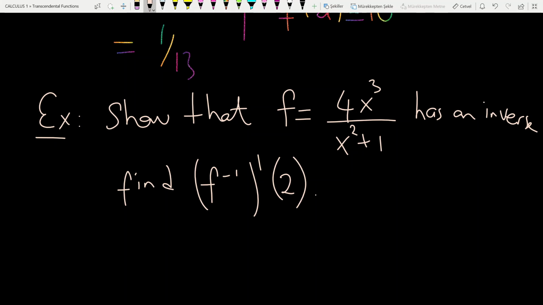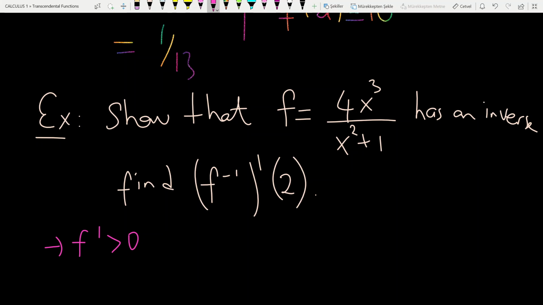Okay, so how do we show the first part? How do we show the function has an inverse? If we take the first derivative of the function, you will see that the derivative is positive for each x except the point 0. So f must be 1 to 1. So it has an inverse in this case. So we show the first part.